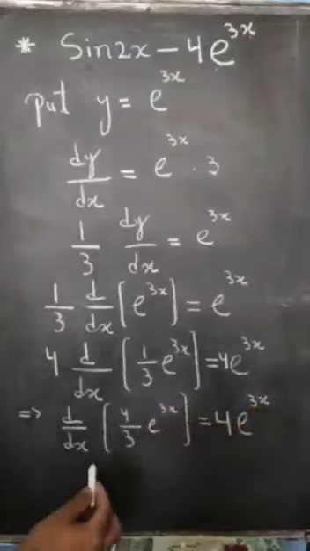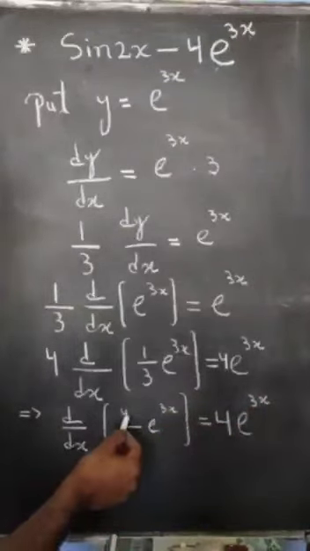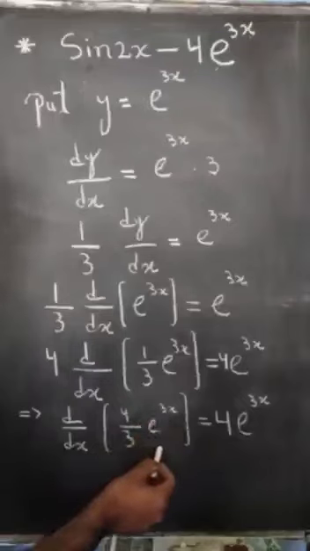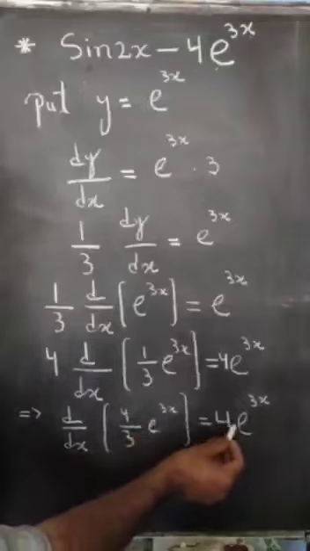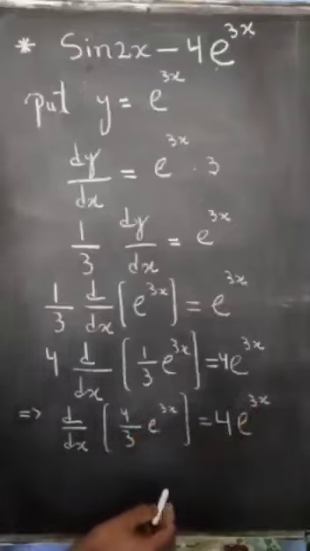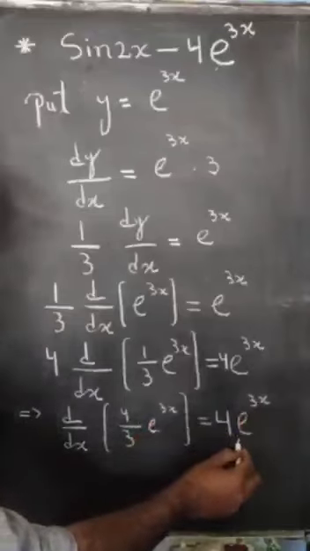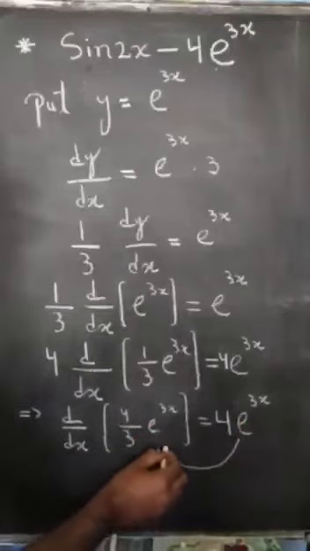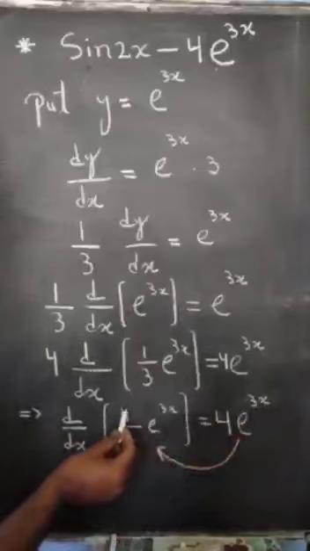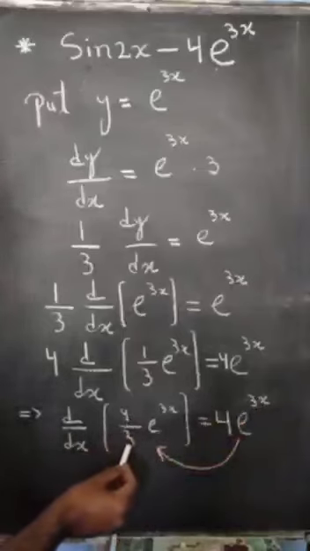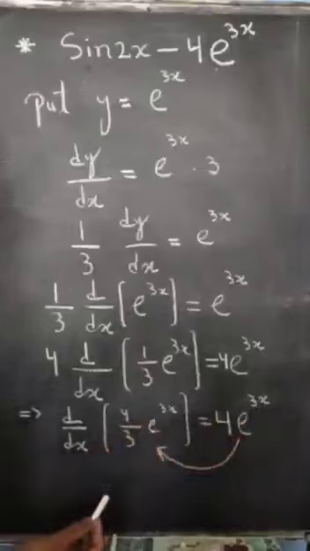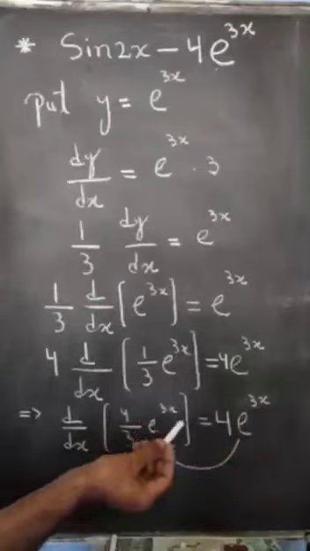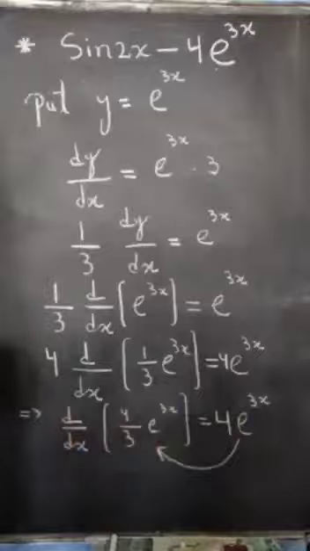That means the derivative of 4 by 3 e raised power 3x is equal to 4 times e raised power 3x, which further means that the antiderivative of 4 times e raised power 3x is equal to 4 by 3 times e raised power 3x. Thus we get the antiderivative of 4 times e raised power 3x.